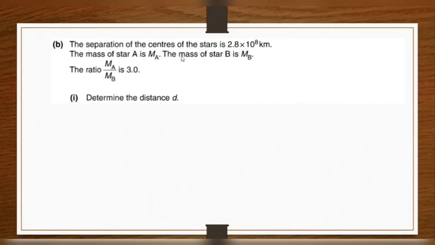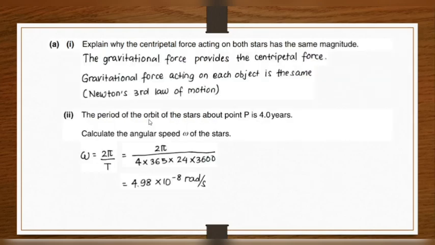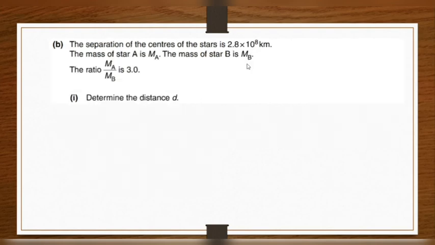The separation of the centers of the stars is 2.8 times 10 to the 8 kilometers. You are given the ratio of the mass of star A and the mass of star B, and we want to determine the distance d. Here, we realize that the centripetal force experienced by A is equal to the centripetal force experienced by B, because it is stated here. The centripetal force acting on both stars has the same magnitude. So here I have MA omega squared times RA should be equal to MB times omega squared times RB.